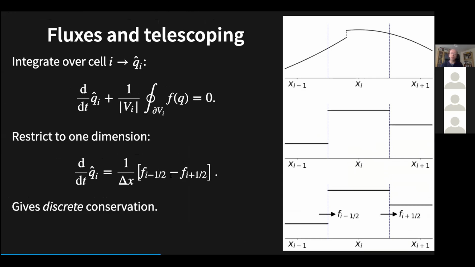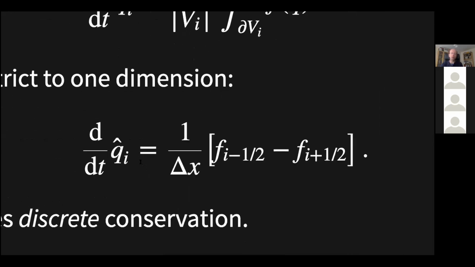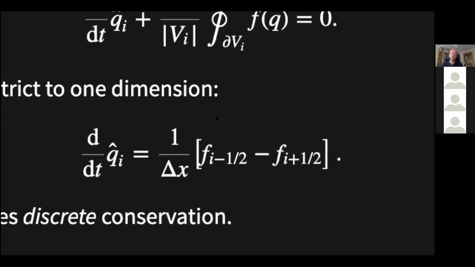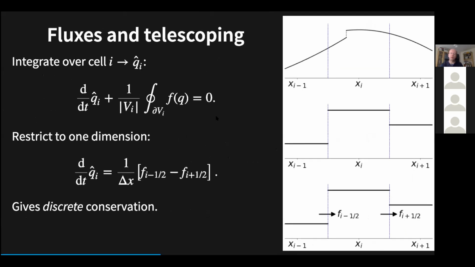So the key point that we want to make from this formula, whilst it looks like a discrete formula, is that it's still essentially a continuum formula until we have a way of evaluating these intercell fluxes. The key point is that it satisfies a discrete conservation property.